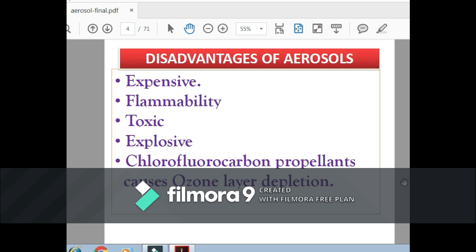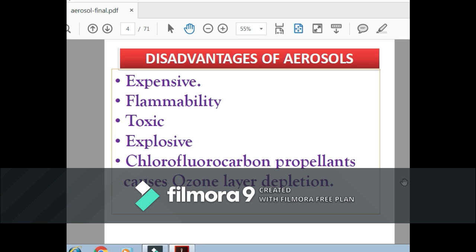We should apply aerosols in an open area, and there should not be any lamp near you while applying them. It simply means it can catch fire. So flammability is possible, and this is a dangerous disadvantage of aerosols.